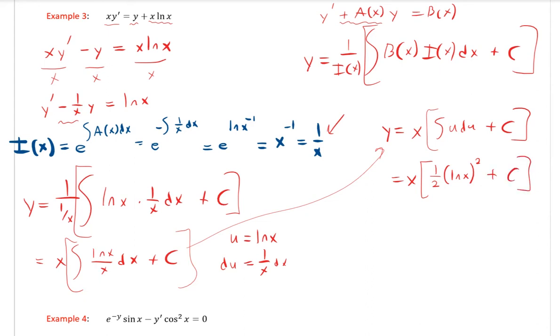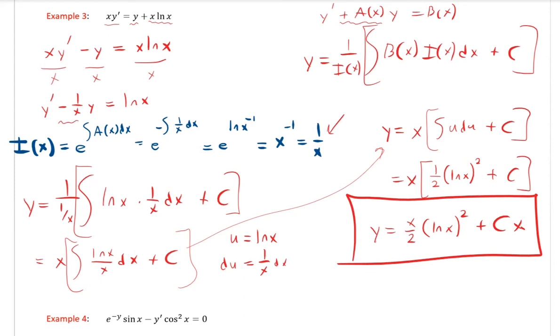Plus c. Or, if I multiply the x out, I get x over 2 natural log of x squared plus cx. Again, I've repeated this multiple times, but do not forget the integration factor is also multiplying your constant term. All right, and that would be that one.